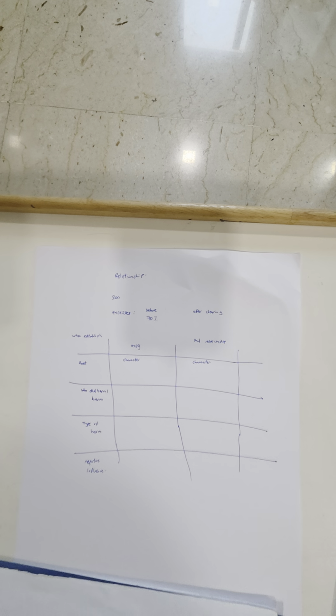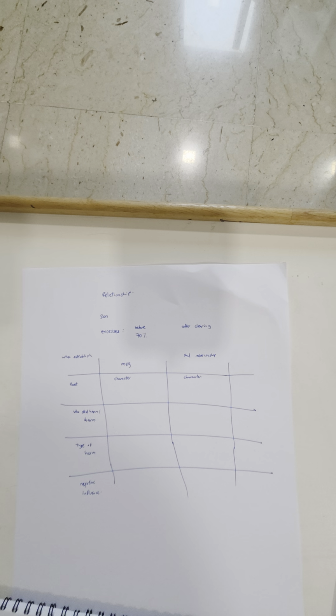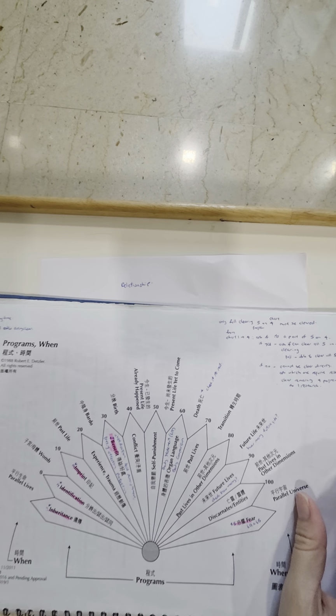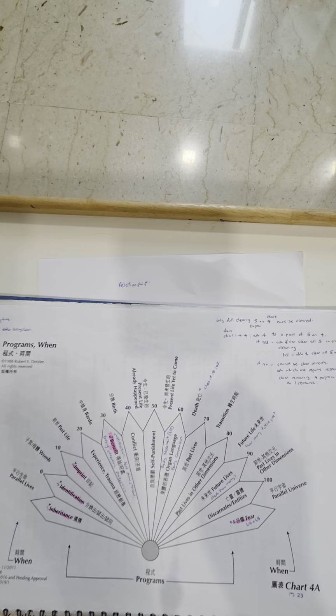Okay, so we will check when this emotion I feel was established. I go to this chart and see when it was established. We just refer to the outer chart.